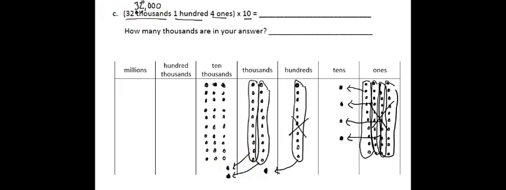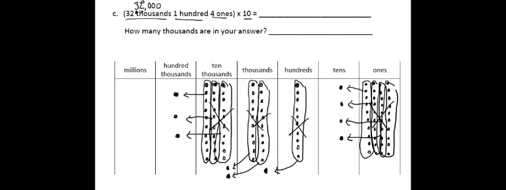And I'll do the same thing in my 10,000s section. I have 10 groups of 10,000, which is the same thing as 100,000. I now have another group of 10 10,000s. Compose those into 100,000. And my last group of 10 10,000s, which is 100,000. So I've done all of my composing and moved everything over.